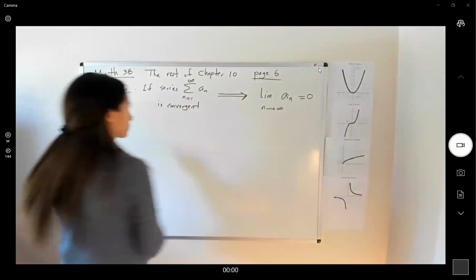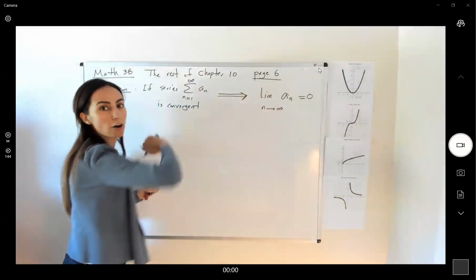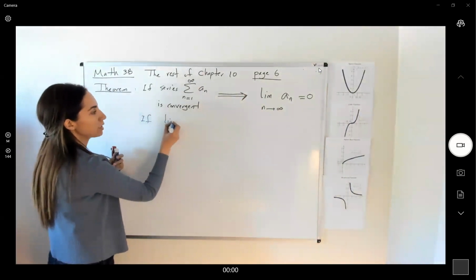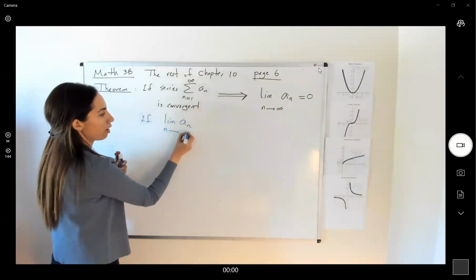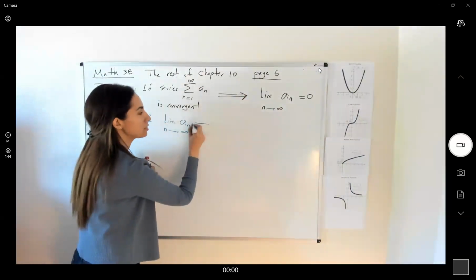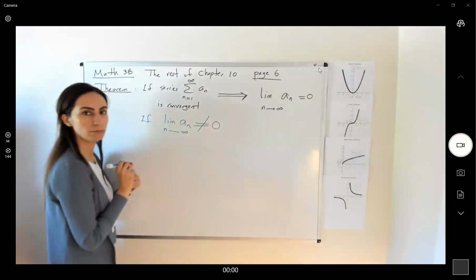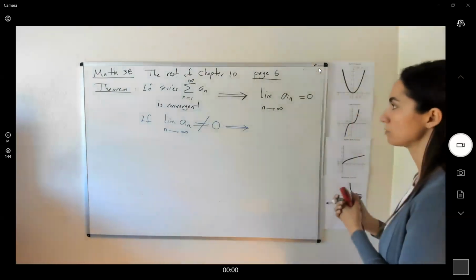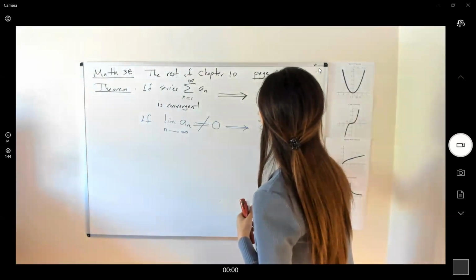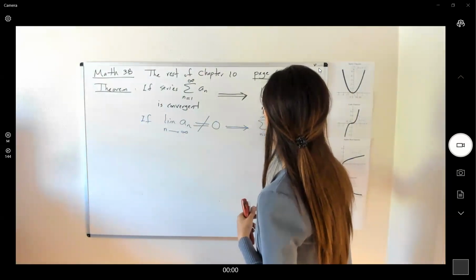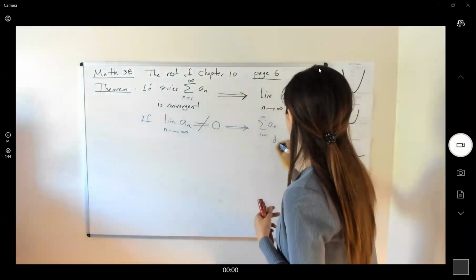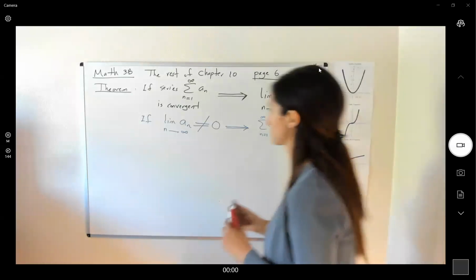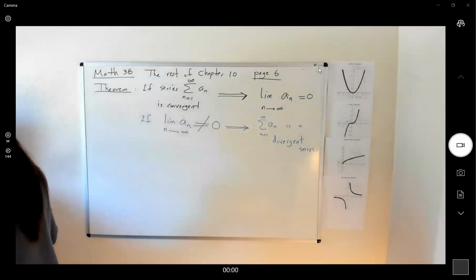So the contrapositive of this theorem says if the limit of a sub n while n goes to infinity is not 0, for sure you can say that the series sigma a sub n, n starts from 1 to infinity, is a divergent series. Very important theorem.